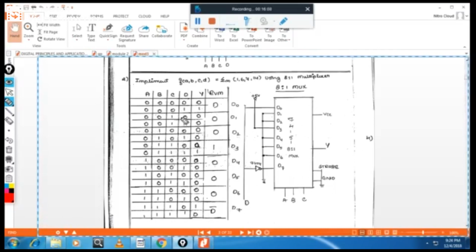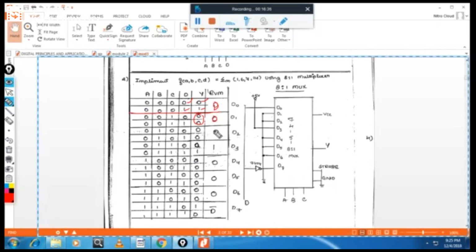Now here you can see in this group, when the input is 0, output is 0. When the input is 1, output is 1. That means output is following input. So EVM I can write D. Here input is 0, output is 0. Input is 1, output is 0. Output is independent of input, so I can write 0.